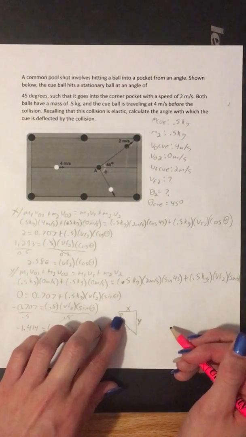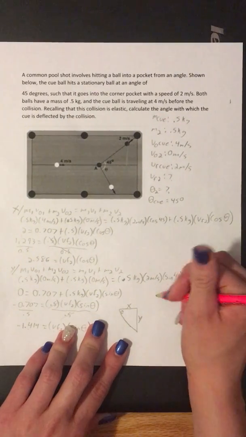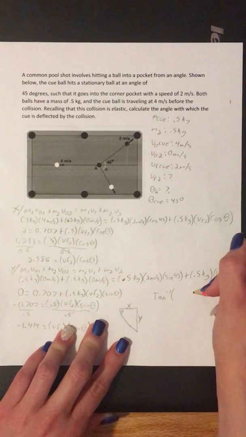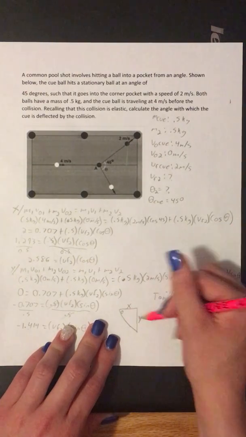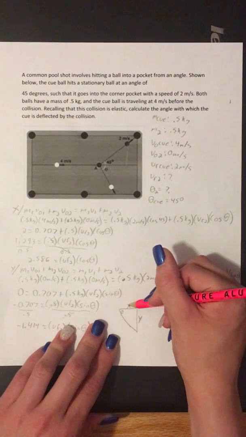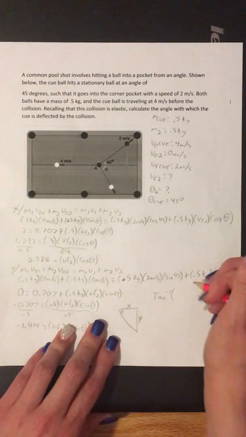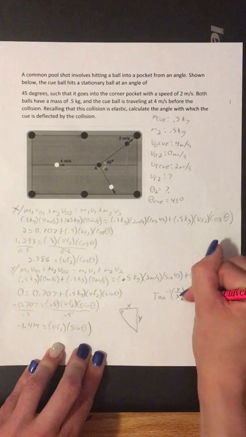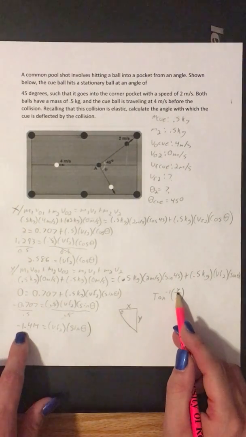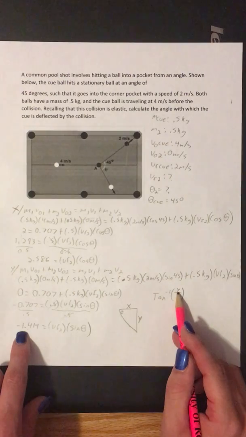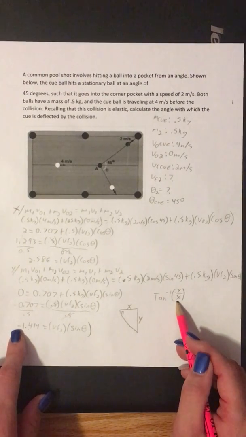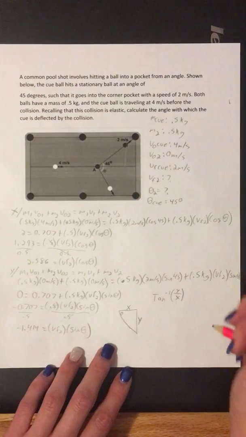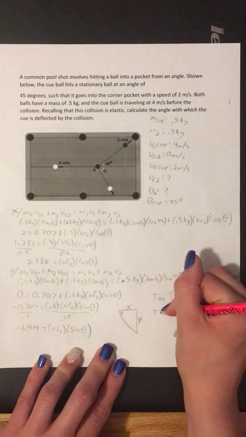So now to find what this is, we can recall that tan is equal to opposite over top of adjacent. So we can see that we can put y over top of x. And then our y value is the minus 1.414. And the x value is 2.586. So we will fill that in.